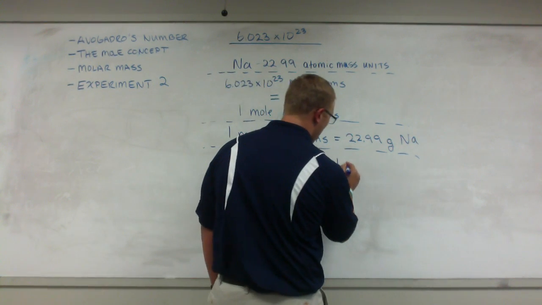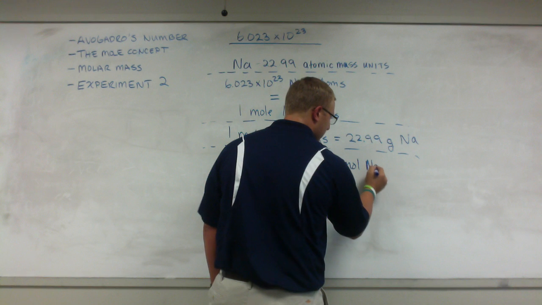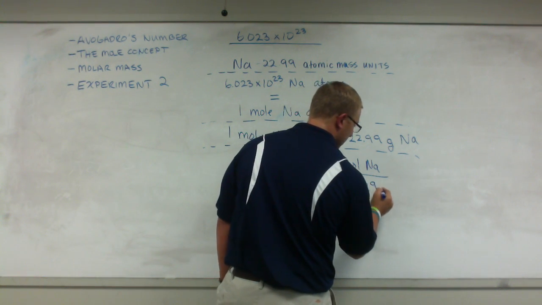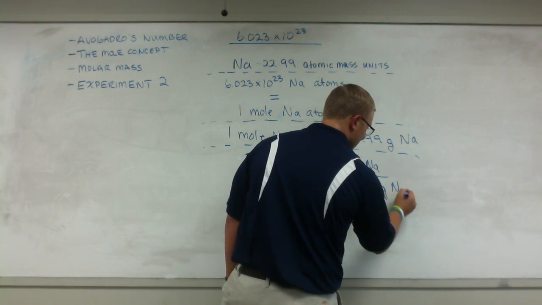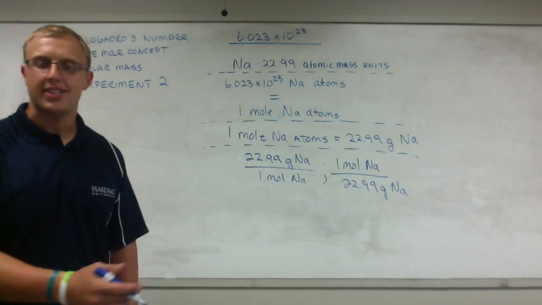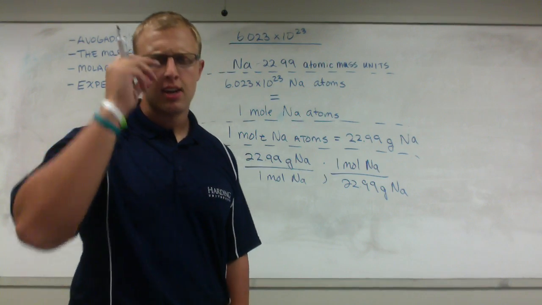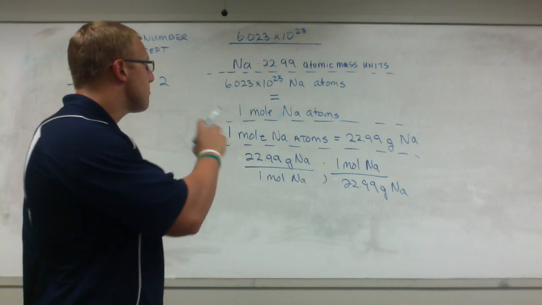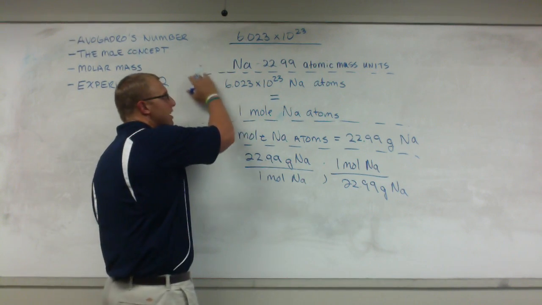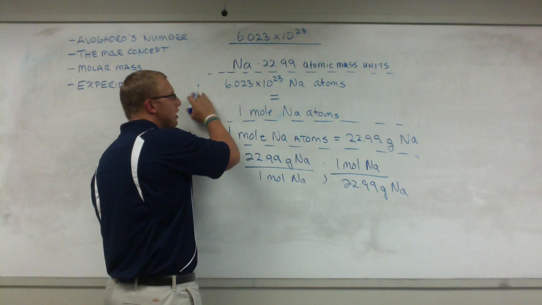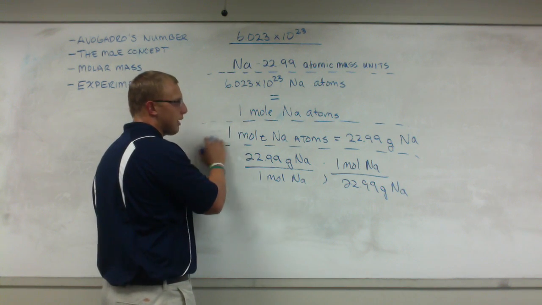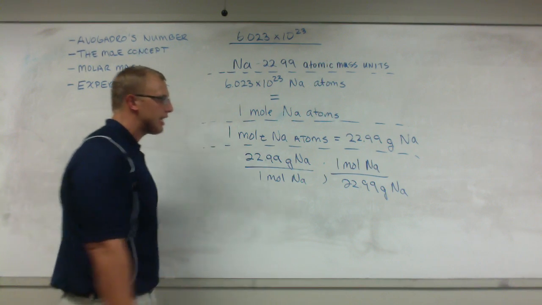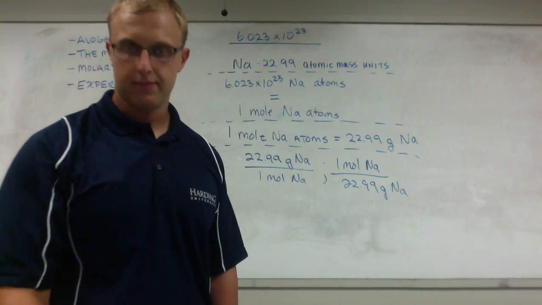We can say 1 mole of sodium is equal to 22.99 grams of sodium. Well, now what do you think that leads into? That leads into dimensional analysis, right? So now that we have a molar mass, we can make an equality, right? We take the atomic mass units, we use Avogadro's number in the mole concept to make a molar mass equality, then we use that equality to describe conversion factors, all right?